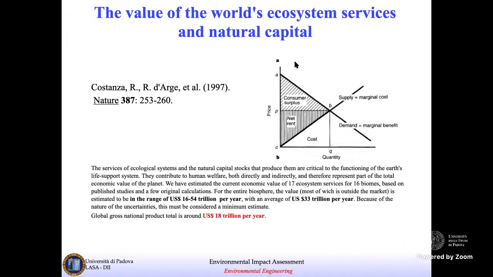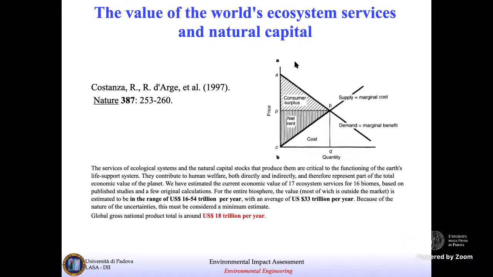This paper is very important because it gave rise to a new branch of economy, what is now called environmental economics, in which an effort is made to give a monetary value to environmental services.